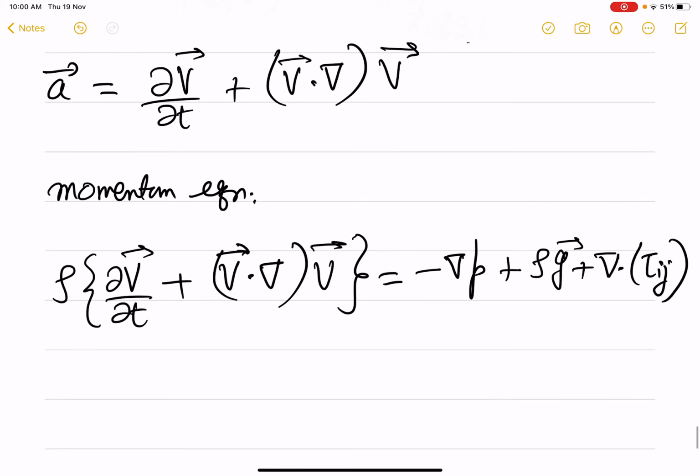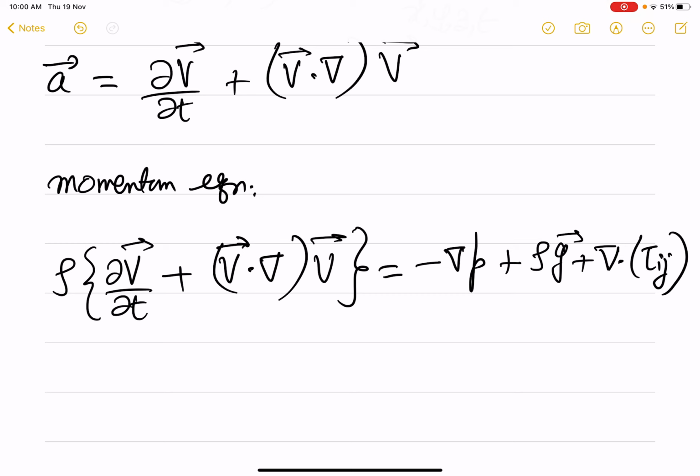Now physically, if we look at this equation, all it says is the left hand side gives us the acceleration. In the right side, we have a force, that means acceleration of a particle is equal to sum of all the forces.